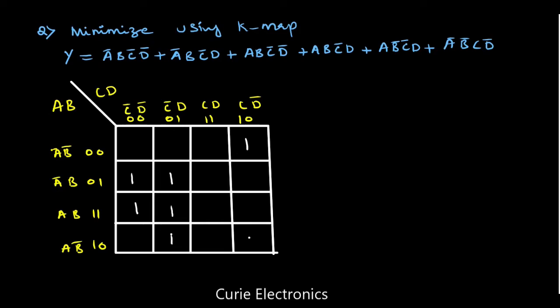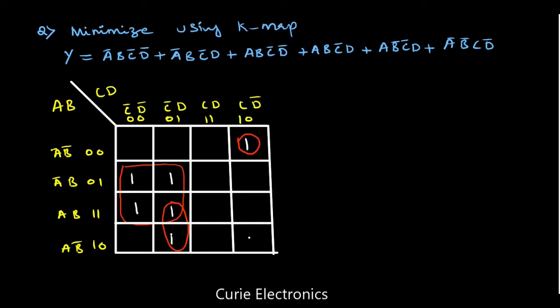Now what you have to do is group it. Here also we have a quad, then we have a pair and one single one. This single one we can't do anything with, we just write it like that.